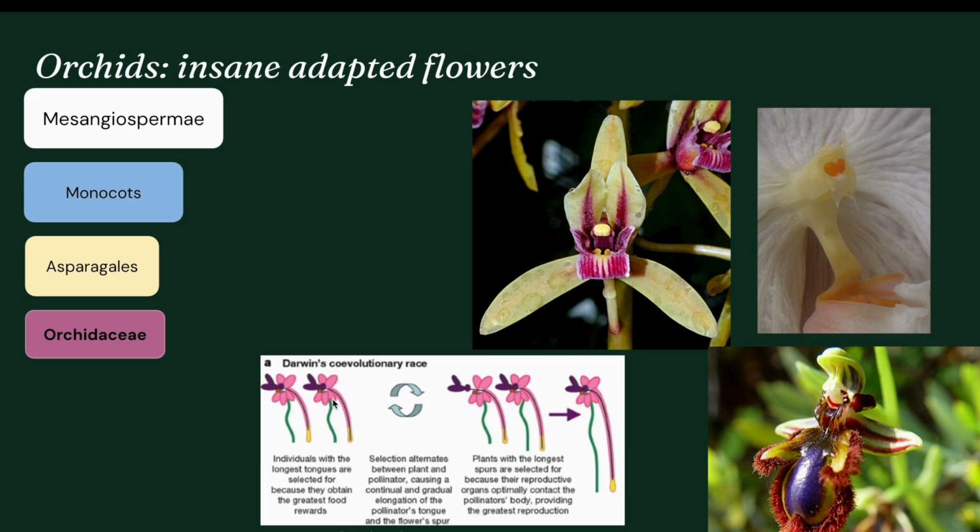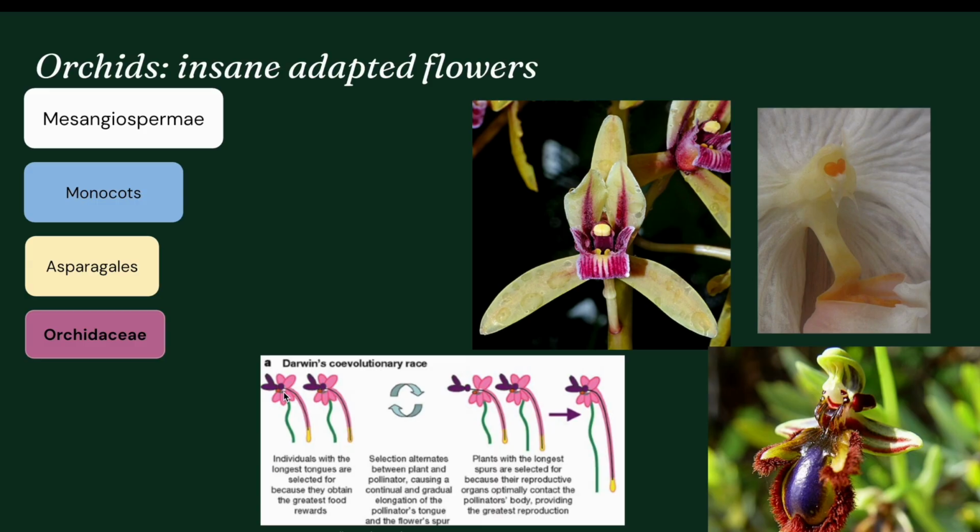And this is further exemplified by this cool example of when Charles Darwin saw an orchid with a really, really long nectar spur. So the nectar is really far away from the main pollen-bearing parts of the flower.